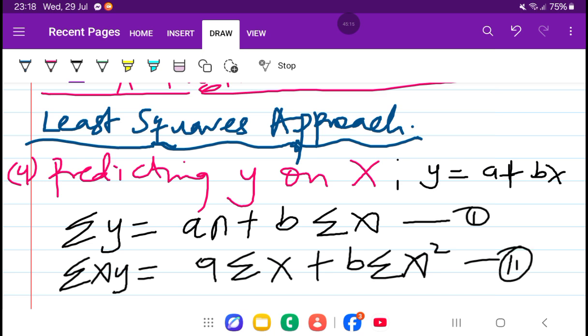Those are the two equations that you can use to solve simultaneously.